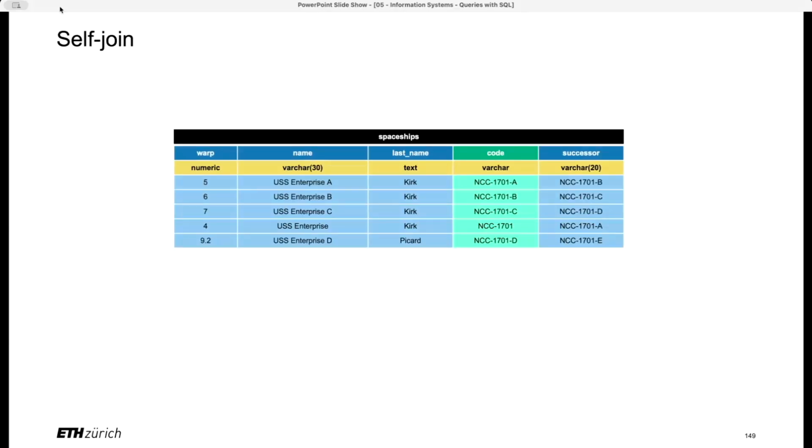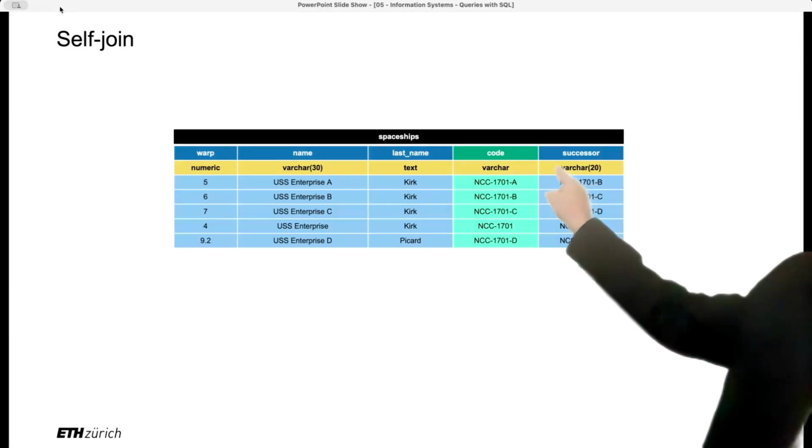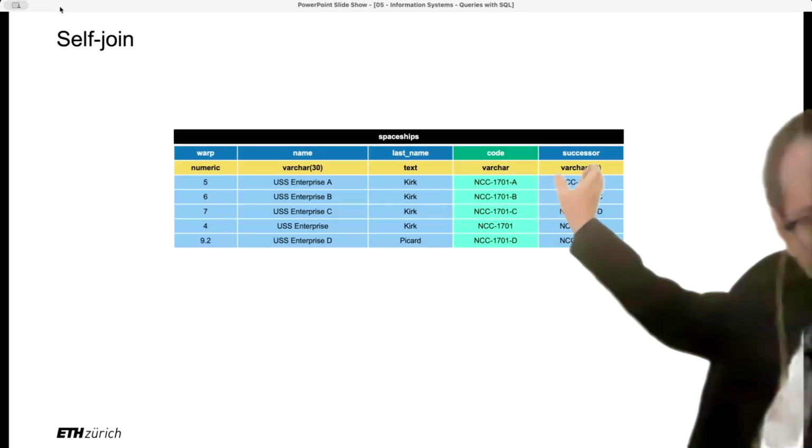There is one thing where you have no other choice but to give names to the tables. That's when you join a table with itself. How does that make sense? Well, imagine here you have a table spaceships, and every spaceship has a successor. There's the original spaceship, then there's Enterprise A, then Enterprise B, Enterprise C, and so on. So every time you have a successor, and here I'm bringing in concepts that we've seen.